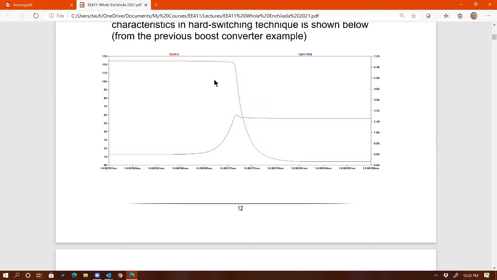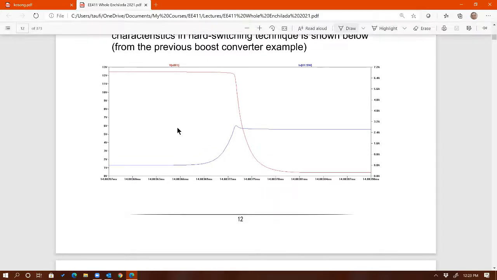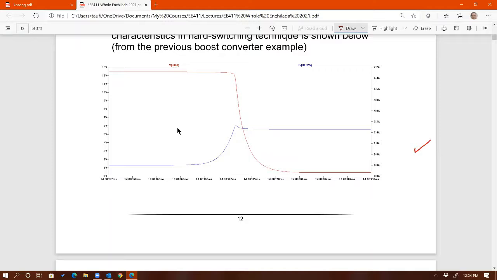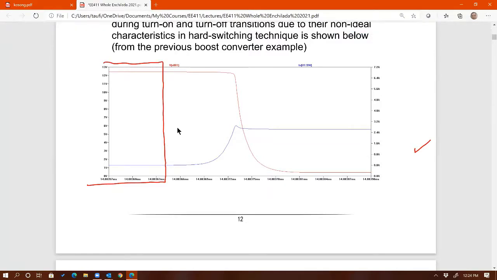What I mean by that is that the switch takes time between two static conditions. Before I turn on the MOSFET, hang on. If I turn on the switch, you can see that the switch was in a static condition right there, where the voltage is flat, the current is flat. That's the voltage across the switch.